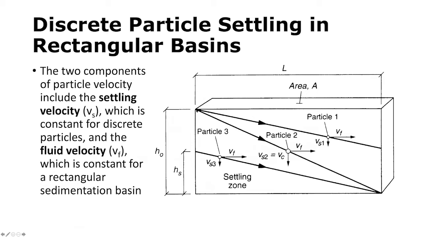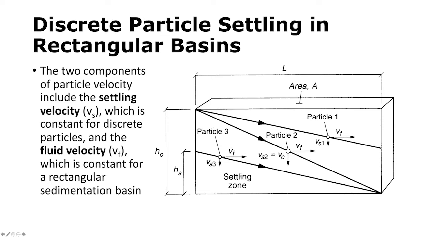So let's suppose we have a particle that comes into the sedimentation basin up on the top. If this were a cross-section view of the rectangular sedimentation basin, the particle comes in at the top at height h sub 0, and would need to travel vertically all the way from the top down to the bottom in the settling zone.